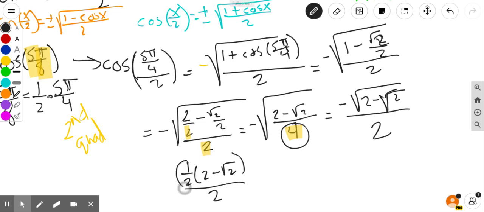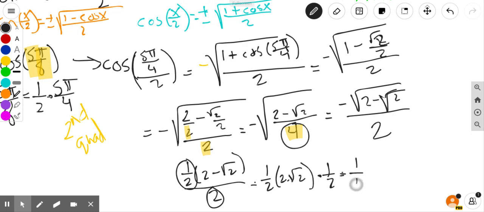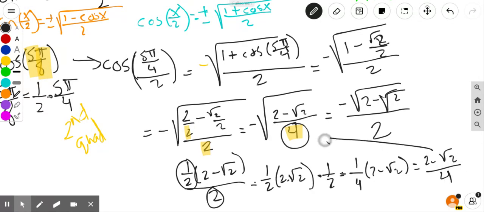And since I have this 1/2 here and I'm dividing by 2, I could think about it as multiplying by the reciprocal, so 1/2, which means I have a 1/4 times 2 minus radical 2, which is why I ended up with 2 minus radical 2 over 4 at that step.